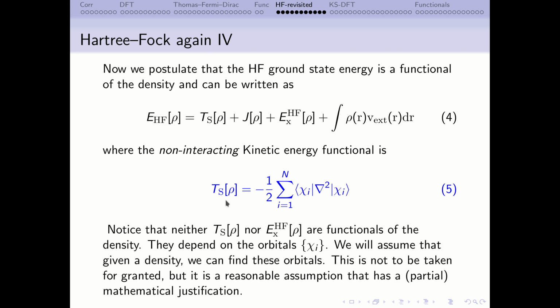Nevertheless, even in the very first term we've written down here, this is not a functional of the density. This is a functional of these spin orbitals, chi-i's, and the same applies to the exchange term. It's only the Coulomb term and this external potential term which are actually written as functionals of the density. The other terms are explicitly written in terms of orbitals.